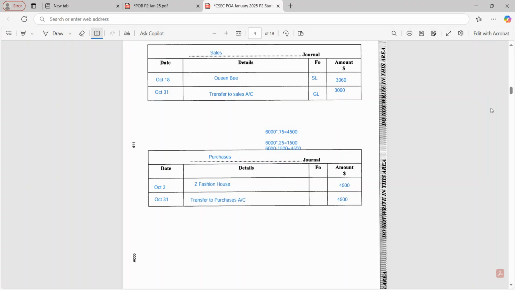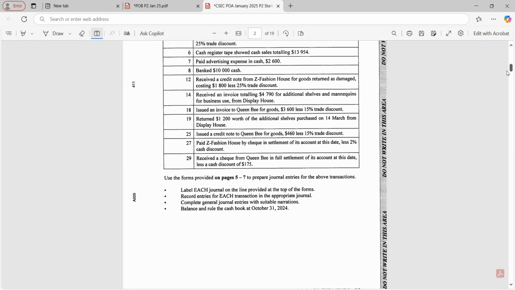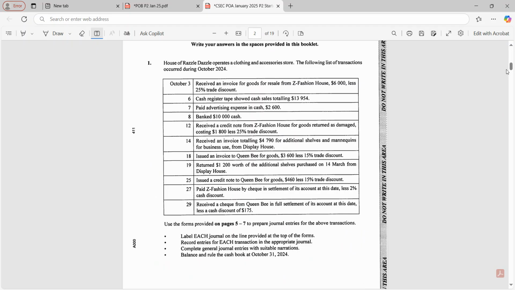Continuing, so we move to our next transaction. It says that on the 6th of October, cash register tape showed cash sales totaling 13,954. Which one of your journals will you record this in? Your cash book, right? So you're going to look for your cash book.